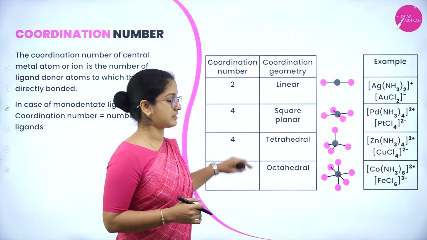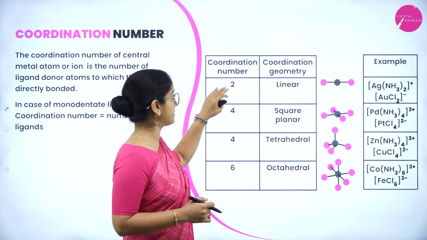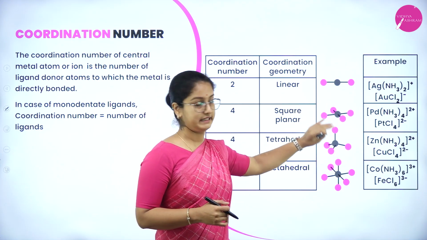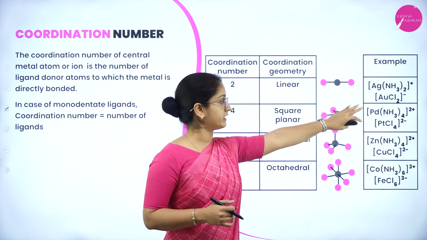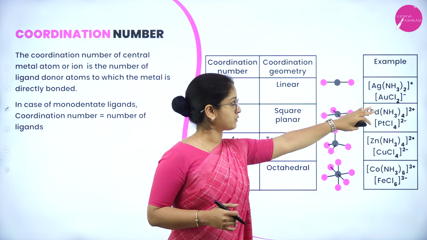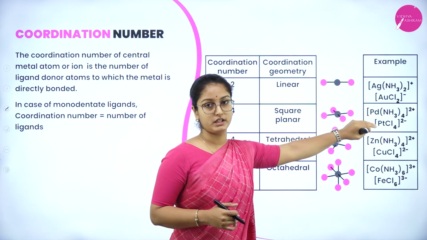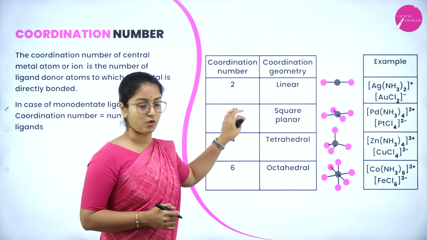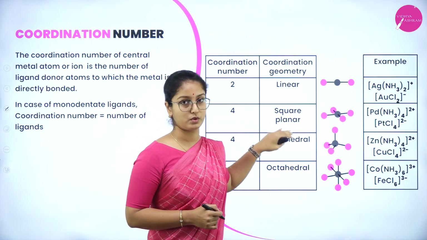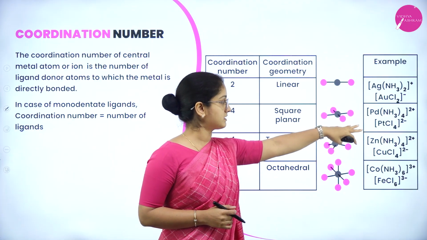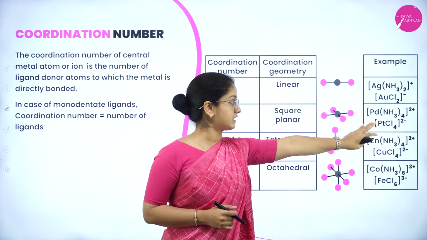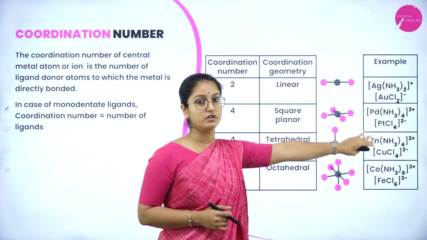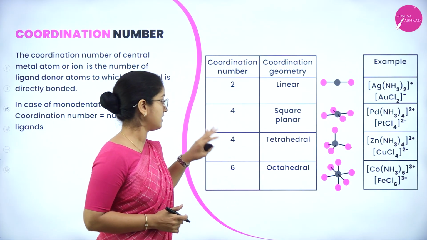Here are a few examples. Coordination number 2 has a linear geometry, and examples include [Ag(NH3)2]+ and [AuCl2]-.